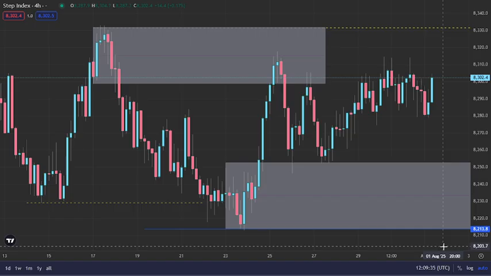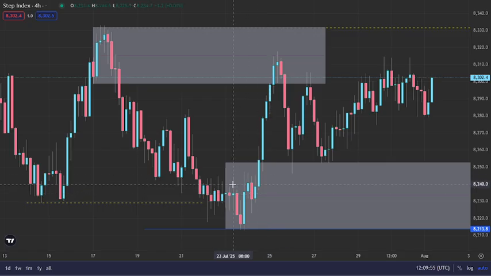So we can confirm that there has been a change of character the moment the strong fractal structure breaks, to confirm that yes, the internal pullback is starting. So let's say here we had this low, we have this high.